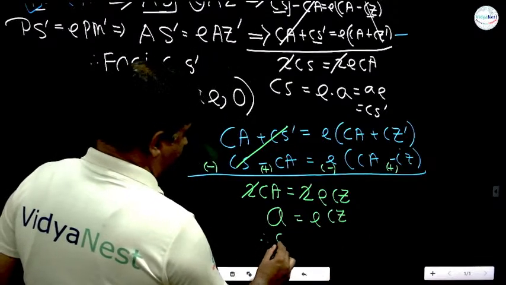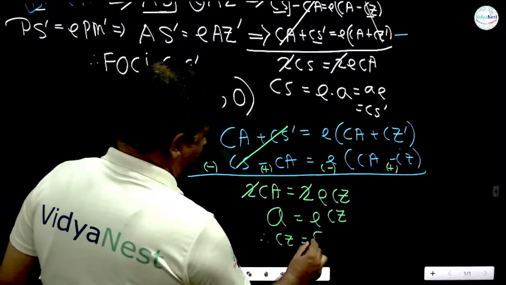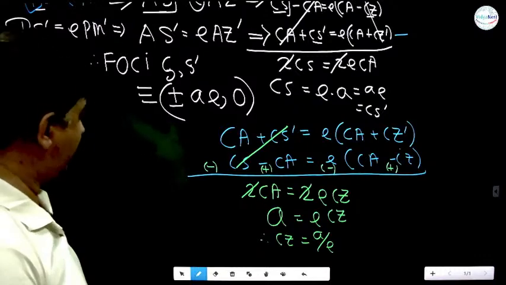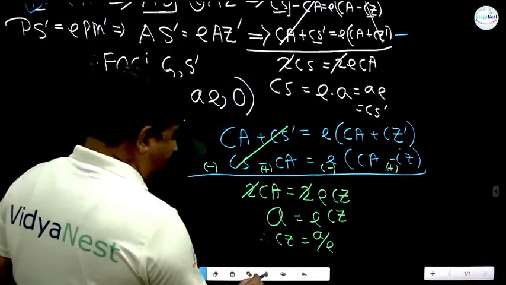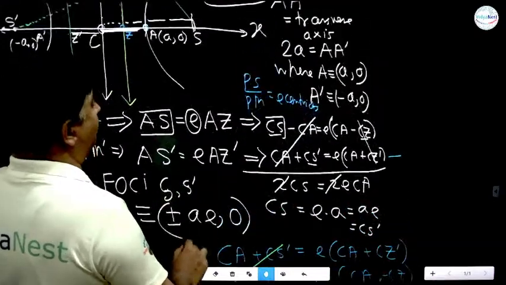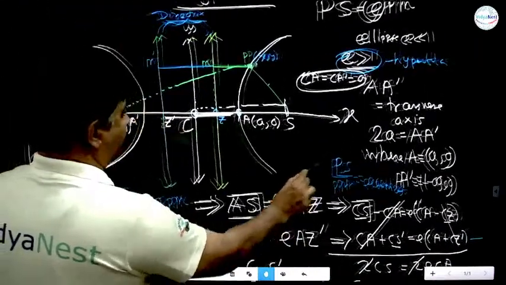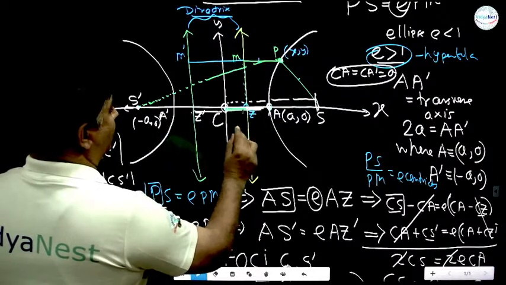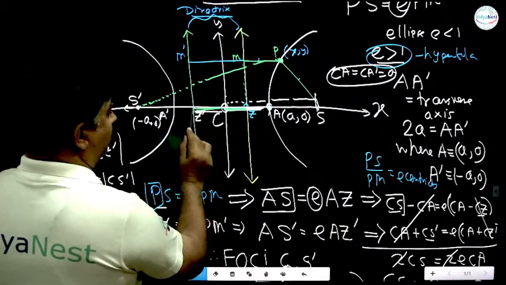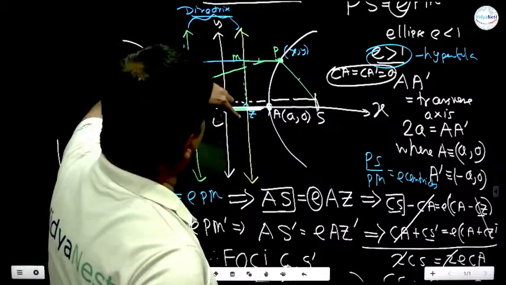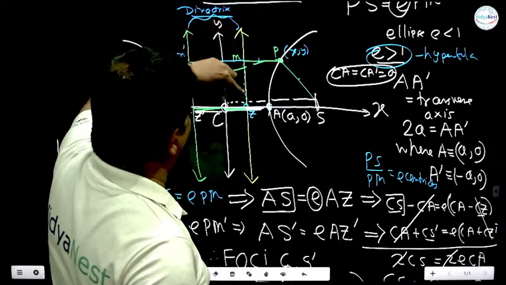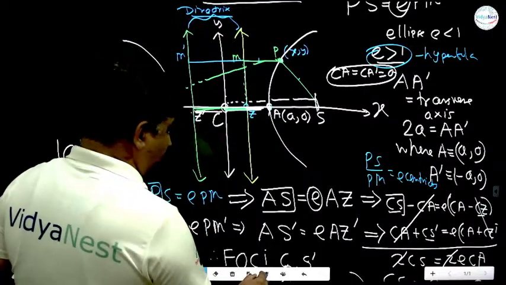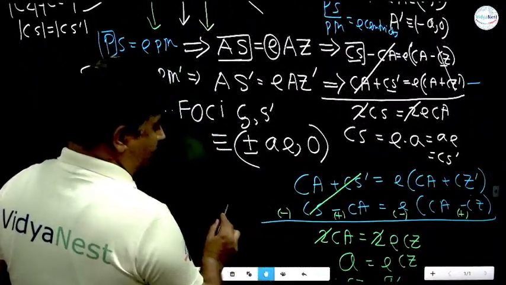Therefore, CZ is A by E. Understand? So CZ is what, X component or Y component? CZ is X component. CZ dash is also X component. Once you get X component, that means the line is parallel to the Y axis. These are called directrix. So we have got the equation of directrix.